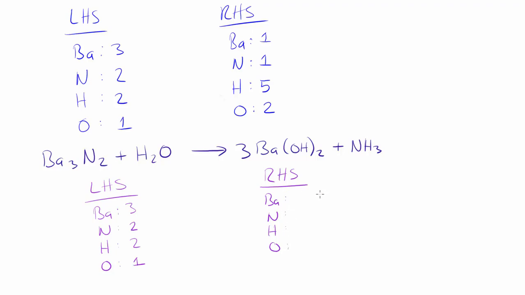Okay, so as we know, our main aim was actually initially balancing the barium side of things, which is what we did. So here barium is now 3, right? So we've got 3 instead of 1. But then that of course was not going to affect the nitrogen count, because nitrogen is only in the ammonia species, so that's still going to be 1, just like it was previously. But hydrogen is going to be affected.